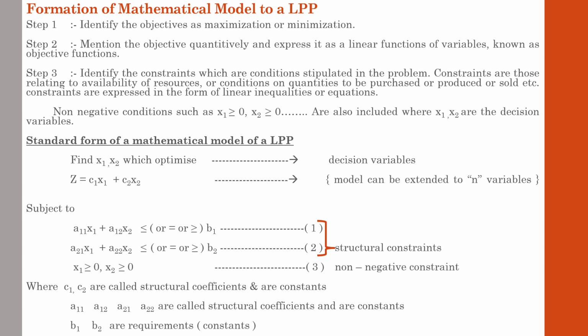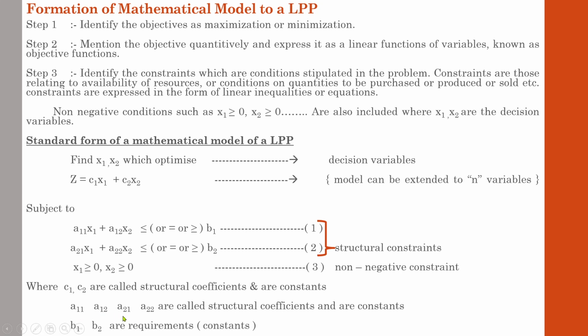So conditions 1 and 2 are structural constraints 1 and 2, and condition 3 is the non-negative constraint. C1 and C2 are called structural coefficients and are constants. They may relate to profit if it is a profit maximization question, or represent cost if it relates to minimization of cost.